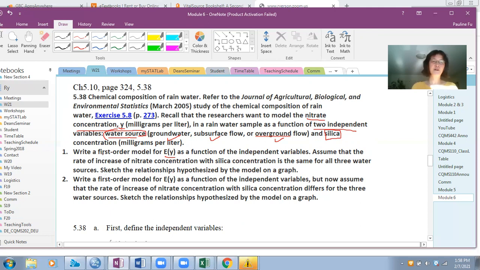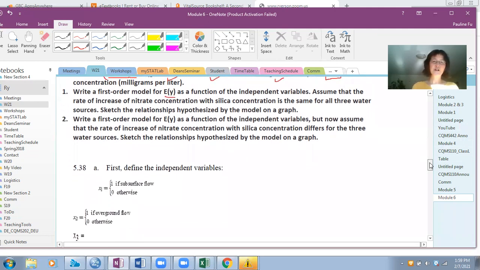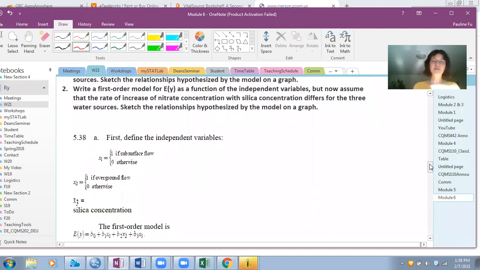So first, let's write down the first order model. If the rate of increase in Y is the same for all 3 water levels. Okay. So first, because water source has 3 levels, we need 2 dummy variables.